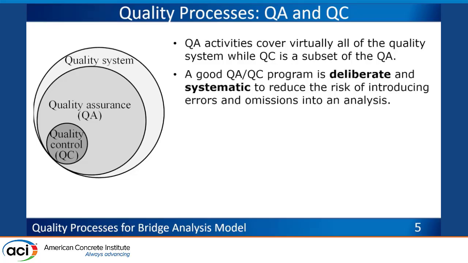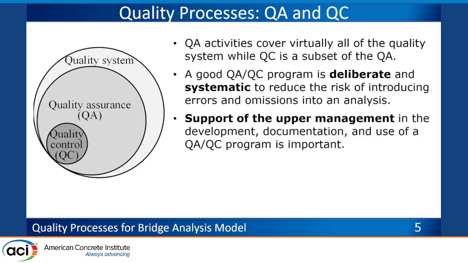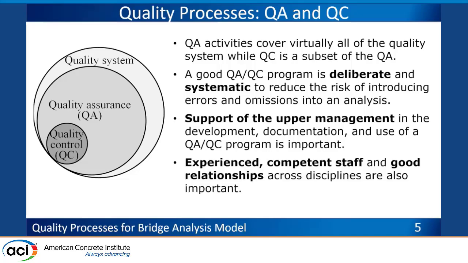It's really important that upper management supports the system, including documentation, as well as an efficient QA/QC program. It is very important to have established, experienced staff and good relationships between disciplines to put together a good quality management system.